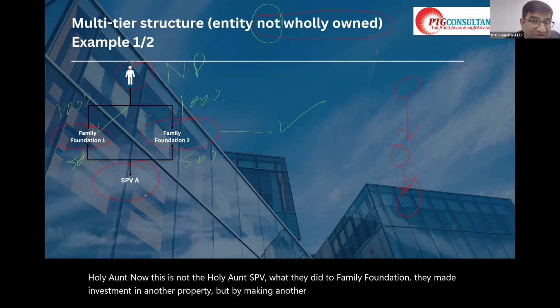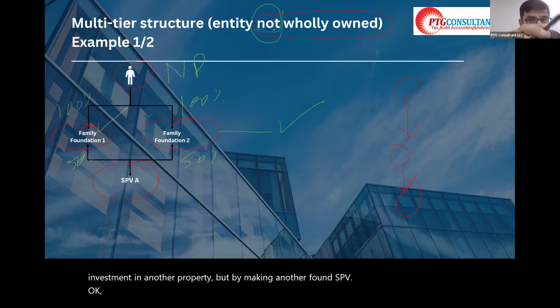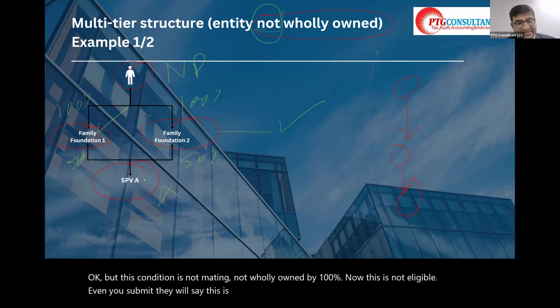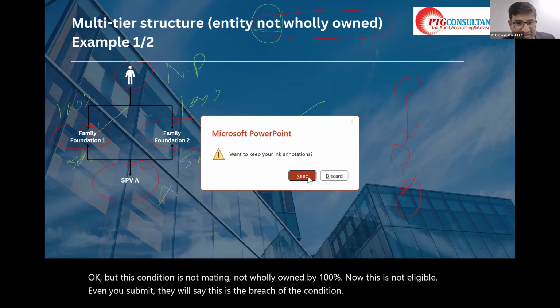This condition is not met, as it is not wholly owned by 100%. Now this is not eligible. Even if you submit, they will say this is a breach of the condition. This is another important part; although we discussed it in the quiz, here I believe the understanding is refined.